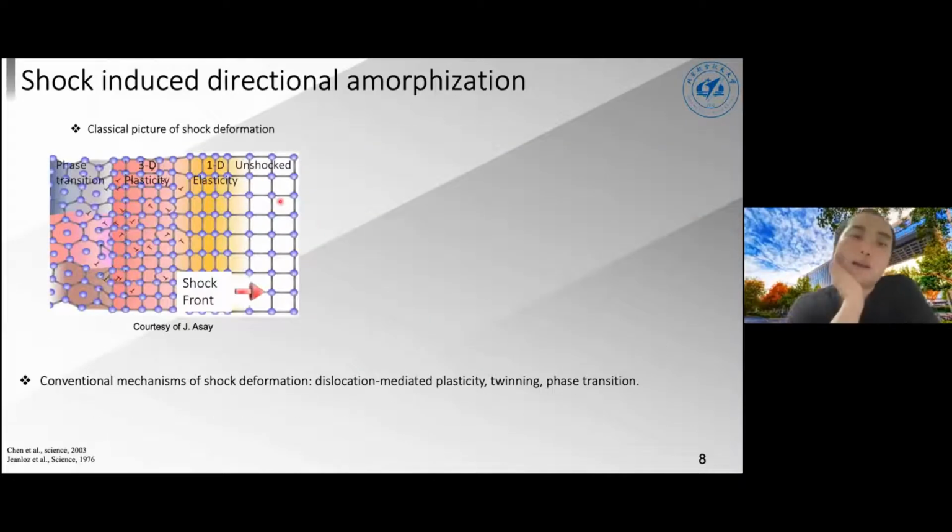So when we talk about shear stress, the material has to relax the shear stress above a certain threshold, and normally this is realized by plasticity, where you can generate a high density of defects and motion of the defects. Sometimes you can use mechanical twinning, and sometimes a phase transition to relax the shear stress.